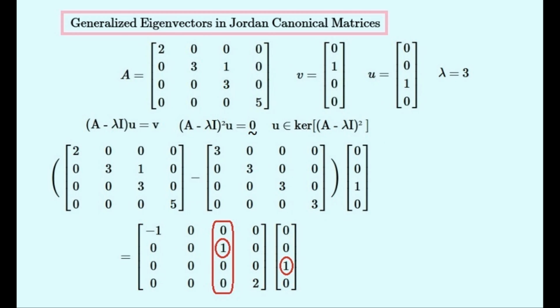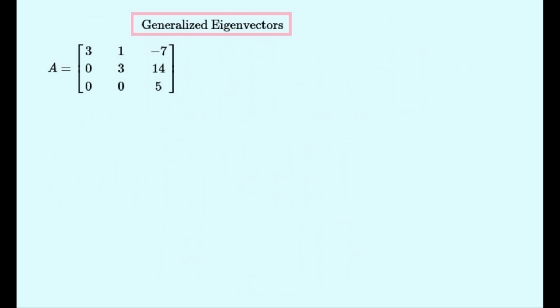You can see that there is a 1 in this column that will multiply by the 1 in this vector to give us a non-zero vector. After multiplying these matrices together, these two 1s multiply together to give us this 1 circled in red, and this vector is equal to the eigenvector v, which completes this equation.